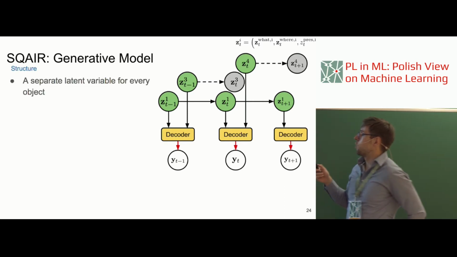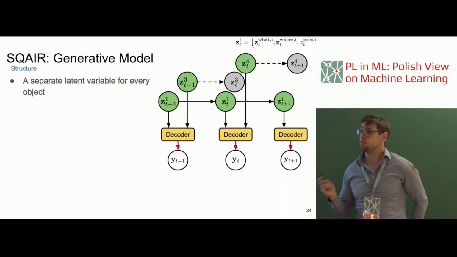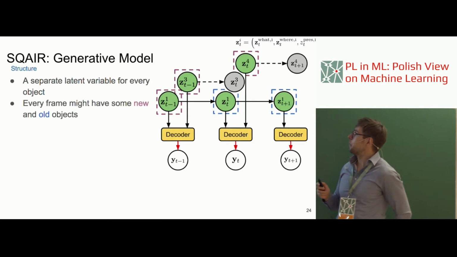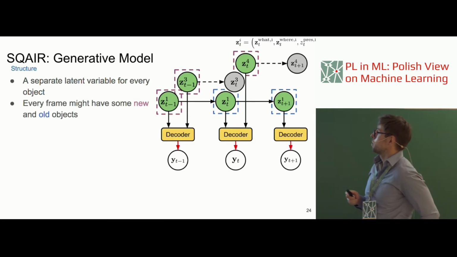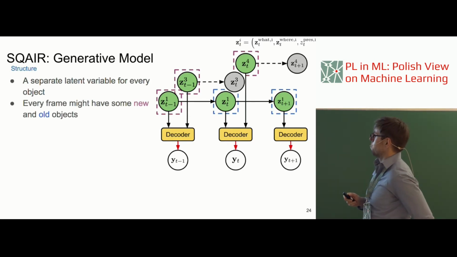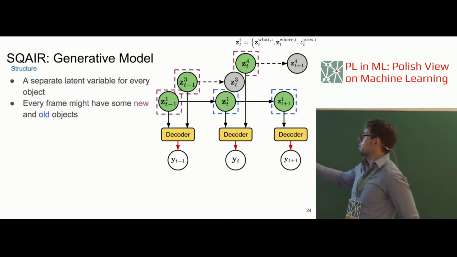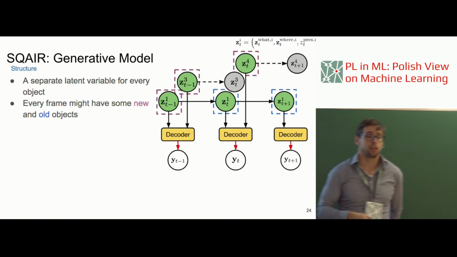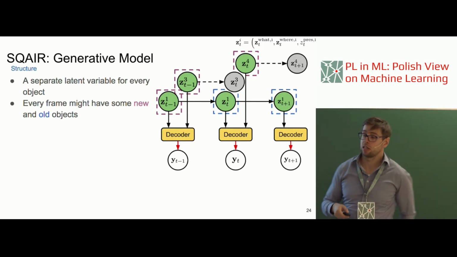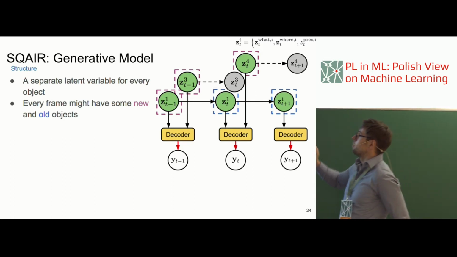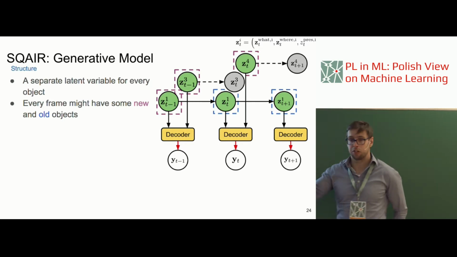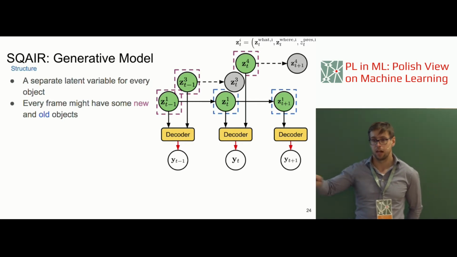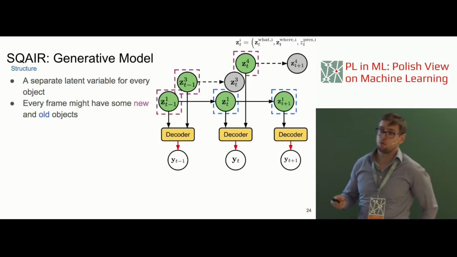As in AIR, we have a separate latent variable for every object, and every frame might contain some new and old objects. So for example, in time step t, imagine that we had some latent variables at the previous time step, here in t minus 1, and what we do, we first iterate over those variables and update them iteratively, one by one.